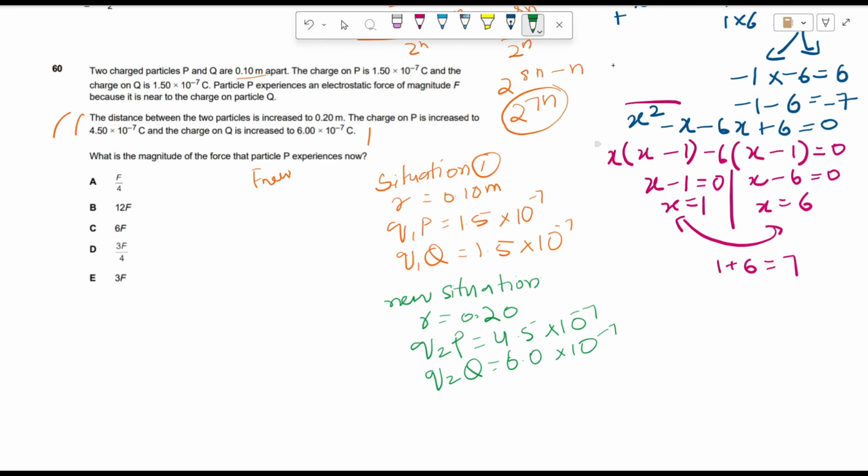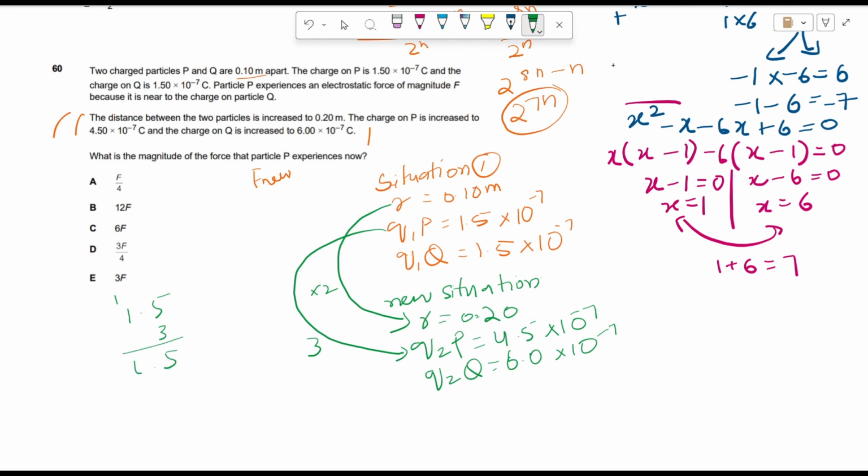So basically now how we are supposed to find it, let's see the difference. Radius is increased by 2 times, right? Because if we multiply this 0.10 into 2, it would be 0.20, right? Charge on P is increased by how many times? It is increased by 3 times, because if I multiply 1.5 into 3, 3 5s are 15, 3 1s are 3 and 1 carried makes 4.